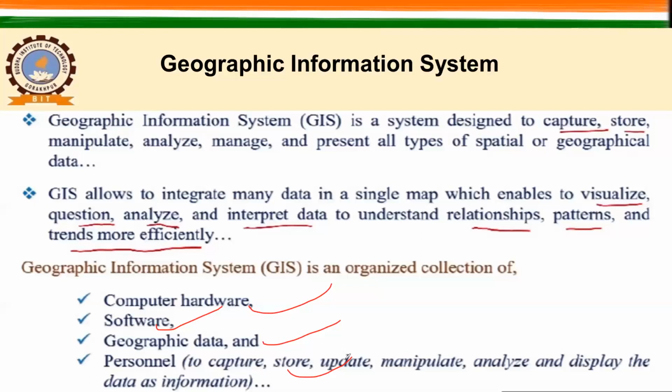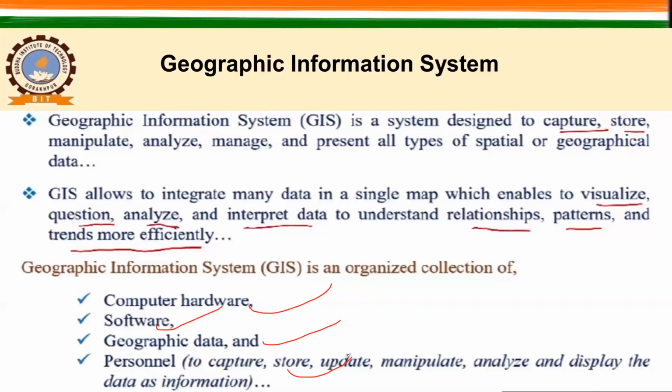So in GIS system, basically a spatial data or geographical data is needed. But for what? To analyze and interpret or visualize them to establish some relationship or pattern or trend. But for all these processes, you need to have your input data.